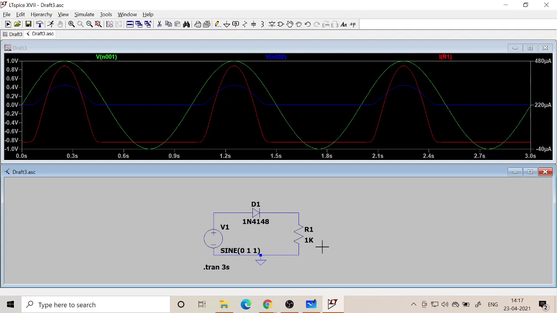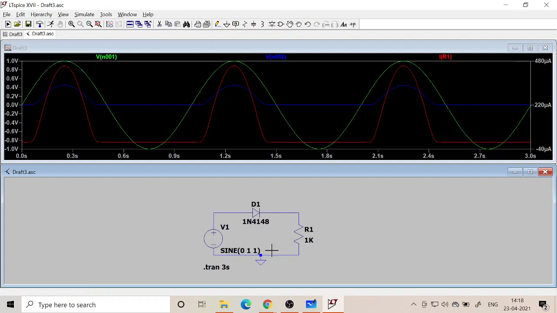That is 0.4 milliampere, which is the same as 400 microampere. So yes, the values the graph is showing match what we have calculated manually.